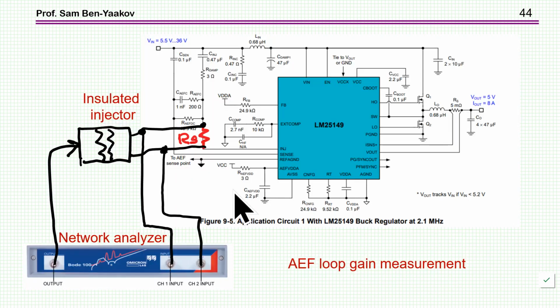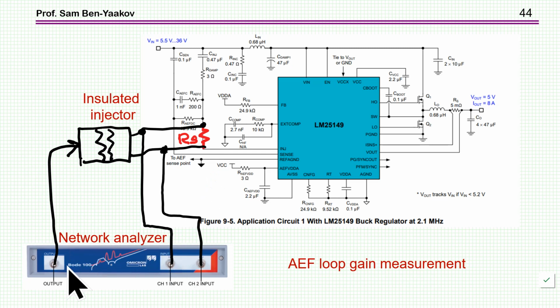If you are using the circuit and you are testing it, debugging it, tuning it, I highly recommend that you actually do this measurement on the hardware itself. Now this can be done by introducing a small resistor here, and using a network analyzer.